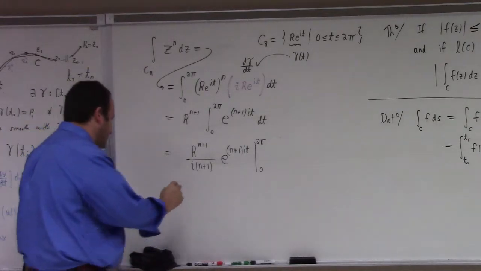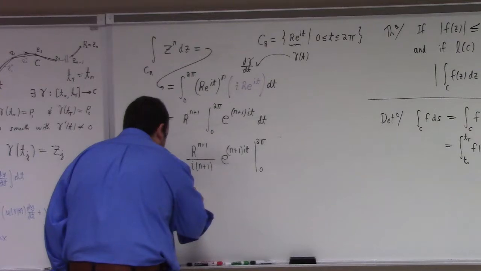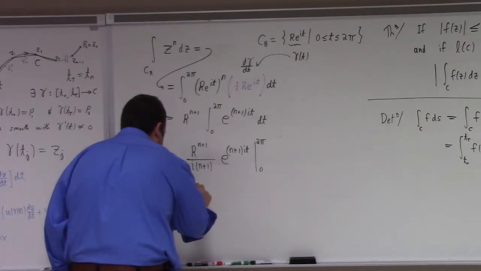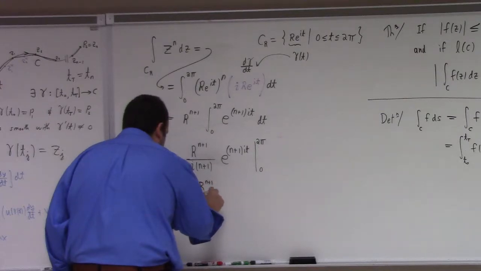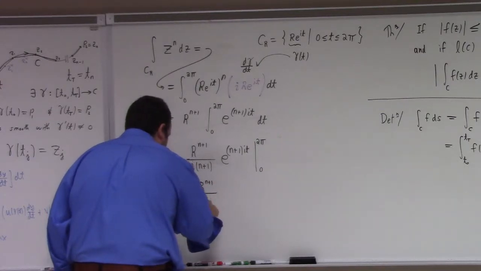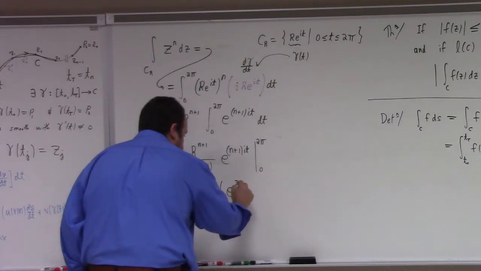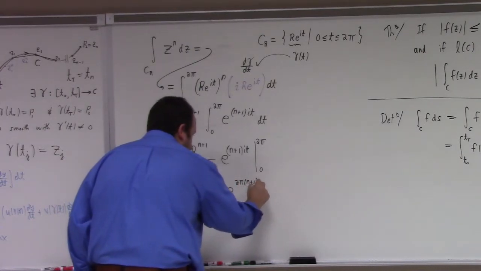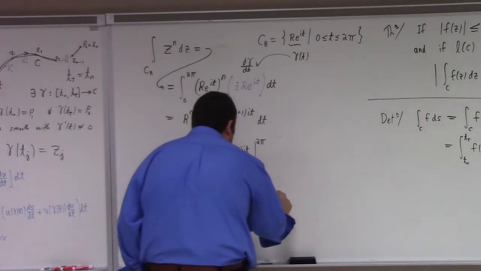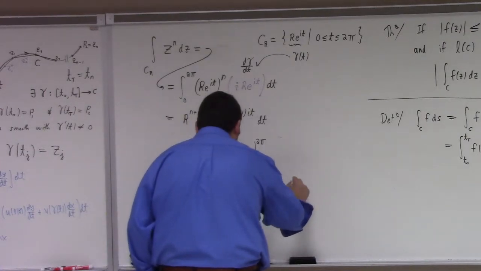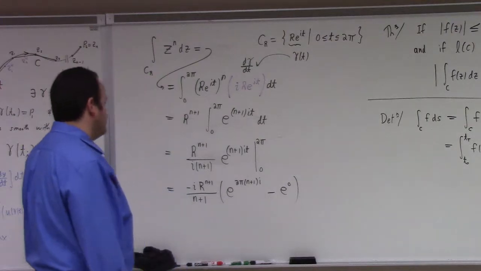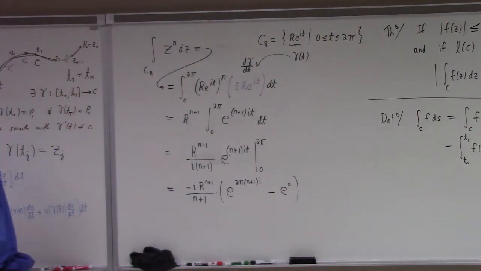which is what? I'll bring the i upstairs just to be annoying. Doesn't matter. What we got? We've got e to the 2 pi times n plus 1 i minus e to the 0. What is that equal to?